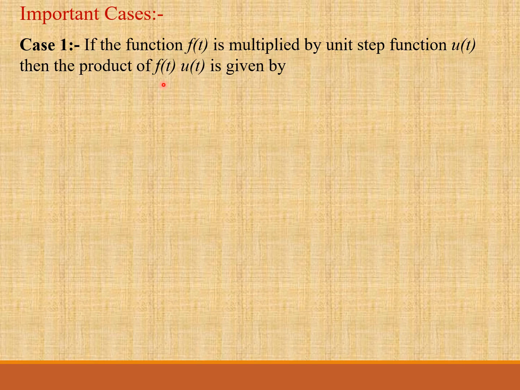Then the product f of t into u of t is 0 if t is less than 0, as u of t is 0 for t less than 0, and it has a value f of t for t greater than 0 because u of t has a value 1 for t greater than 0.